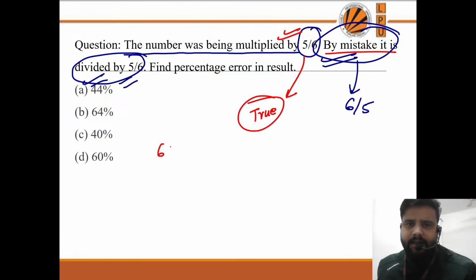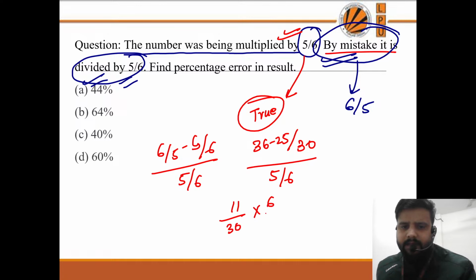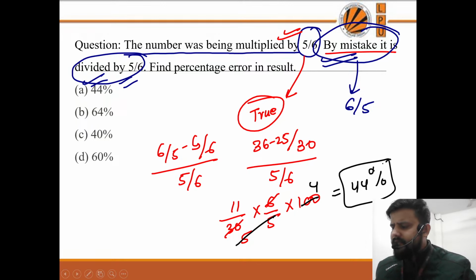So error is 6 by 5 minus 5 by 6 divided by 5 by 6. So from here it is 36 minus 25 divided by 30 divided by 5 by 6. Done. So from here it is 11 by 30 into 6 by 5. So 6 5 times into 100 for percentage. So now when you cut it, 25 4 times, so answer is 44%. What is the confusion?